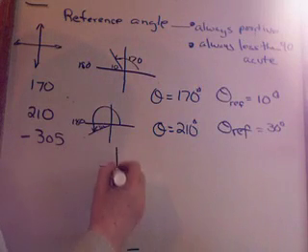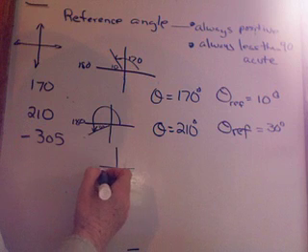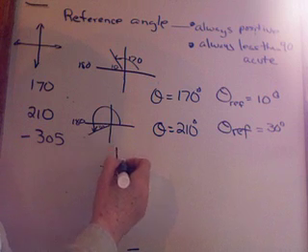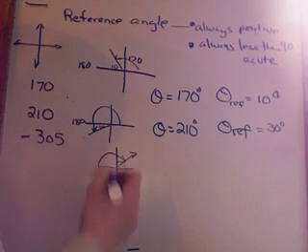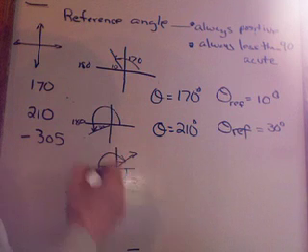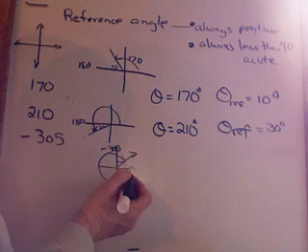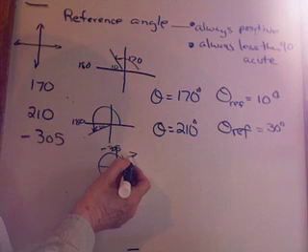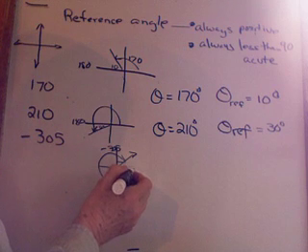What about negative 305? Well, let's sketch it. Negative, go the other way. So negative 90, negative 180, negative 270. So negative 305 is somewhere in this quadrant. What quadrant is that? Quadrant 1. So if I went all the way around, it would be 360.